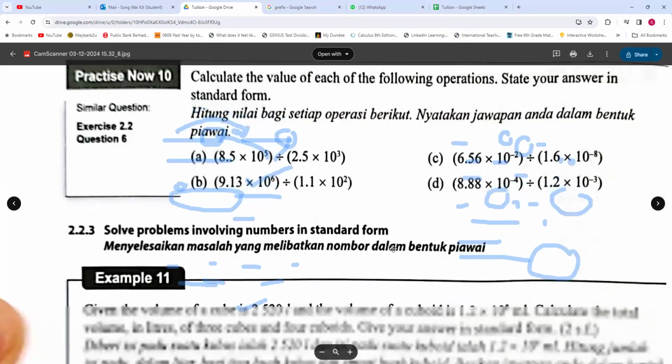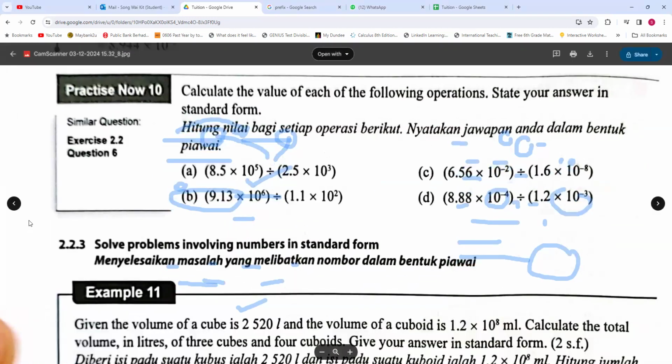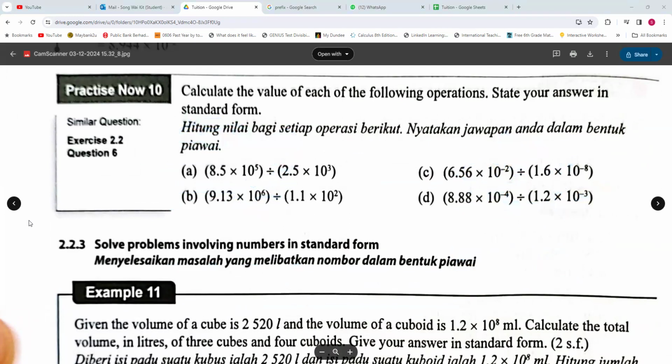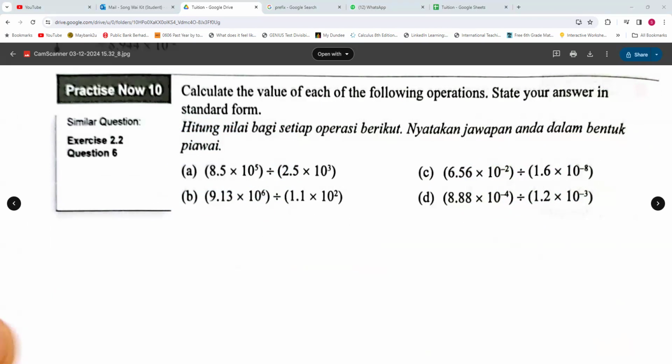Now we're going to practice 10 together. Let's start with practice A. We've got the numbers here. 8.5 times 10 power 5.